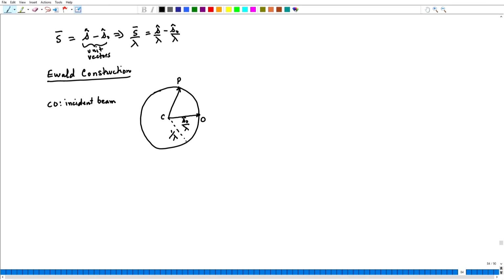This is represented by the unit vector S divided by lambda. So, CP is the scattered beam. Therefore, very clearly, OP should be equal to the scattering vector divided by lambda.